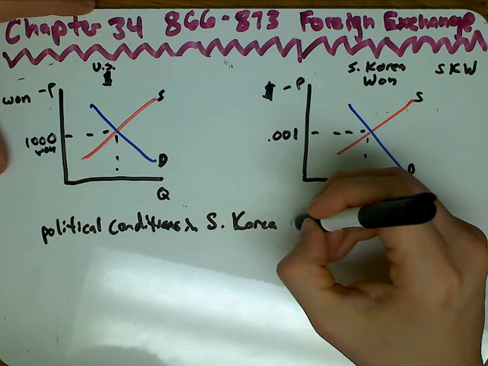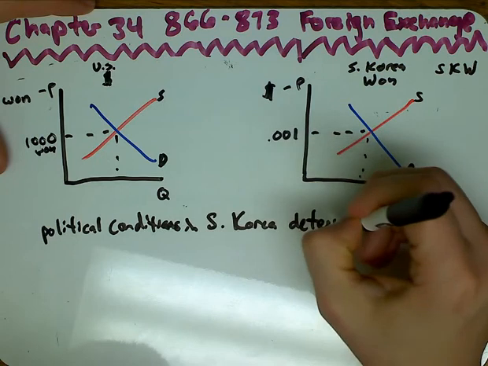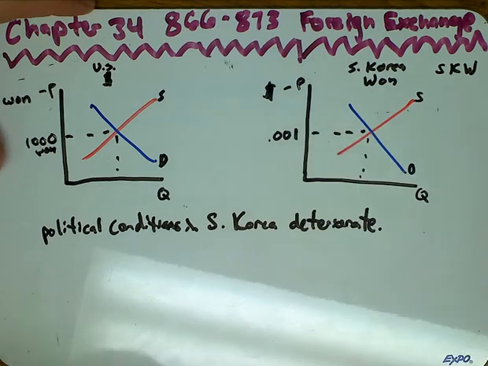That means they go down. That means it doesn't look very good for South Koreans. For whatever reason, their government becomes oppressive, or they're very corrupt, or something like that. Now, of course, this is fictional, but let's see what happens in this case, in the short run.